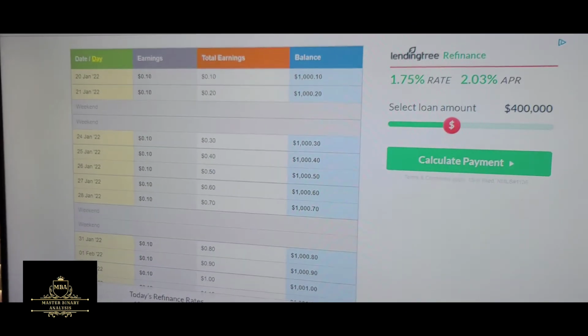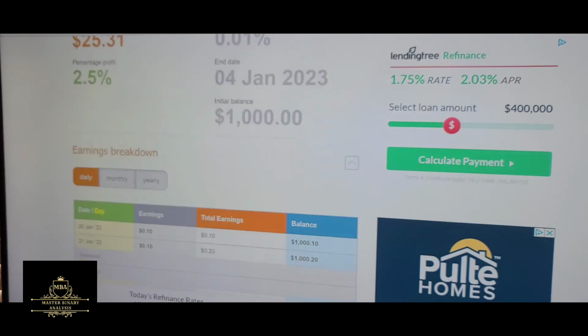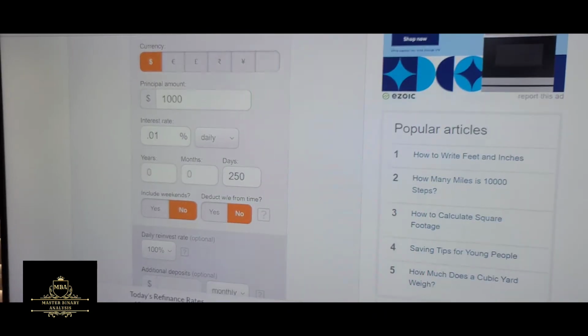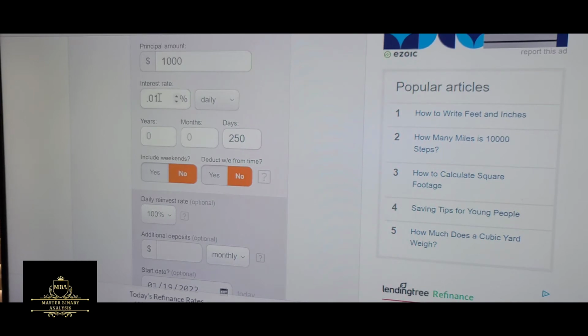Every day it gains 10 cents maybe. Maybe that's even correct, maybe it's not. But $25. That's the interest rate that I personally have on one of my bank accounts, which I don't like keeping money in the bank. I transfer it when I need it or need to withdraw.